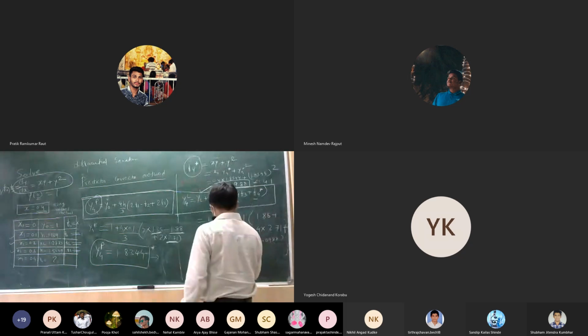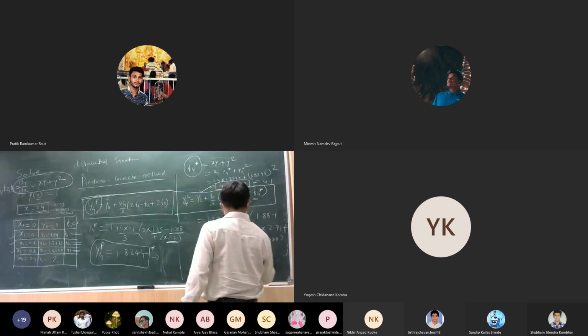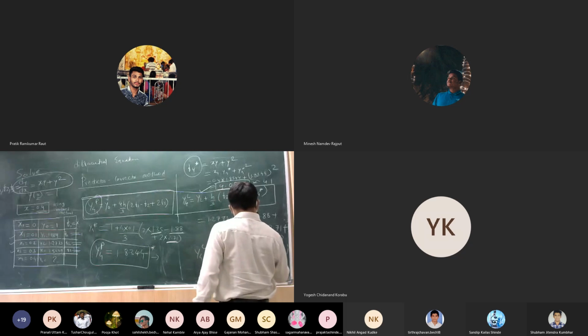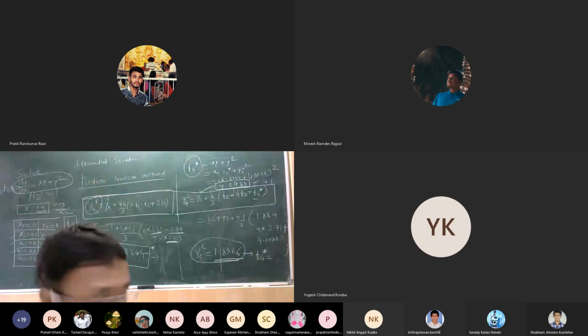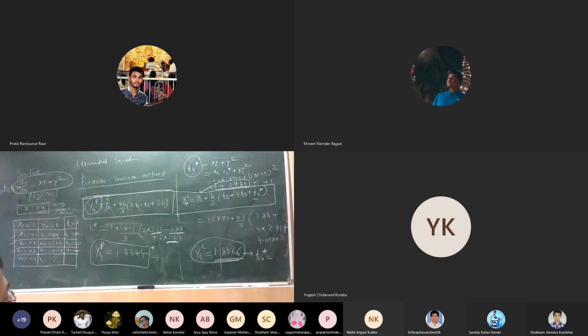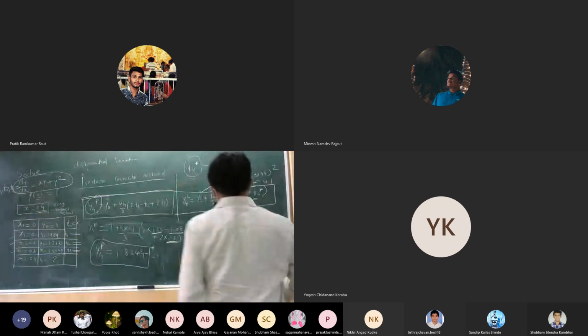This is going to come 1.8366. Again, we need to calculate F4 star using this corrector value. How many people are going to calculate 1.8366? Near about the answer should be same. Your answer should be same, 1.8366. At least 3 decimal points should be same.